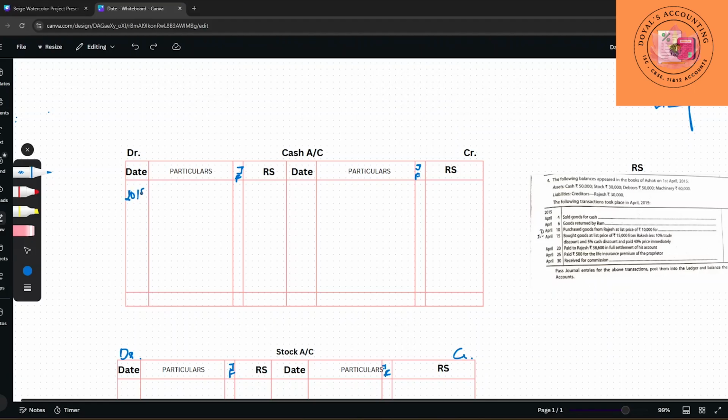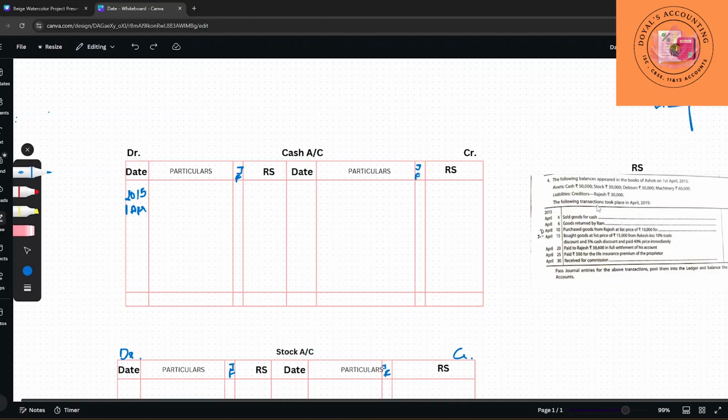So date 2015, 1st April. I will write the opening balance. Remember, in the beginning of this lecture, I was telling you if an entity has newly commenced operations, it will not have any previous balances. But if it is an entity which has been running for more than one accounting period, it will have some closing balances for each account.